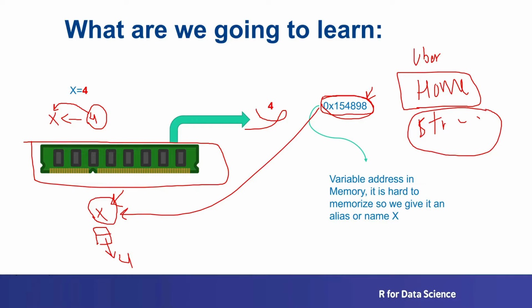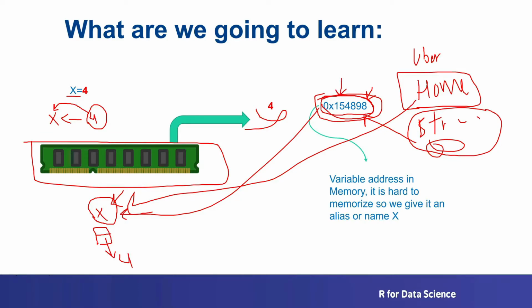It's exactly the same. Home is the x and the instructions are the hexadecimal address. Because it's hard for us humans to memorize the location inside the memory, we just call it an alias, which is x. So actually x inside the PC is this long hexadecimal number, but we use x because it's easy for us to memorize. This is an advanced thing you should know about how variables are declared inside your PC.